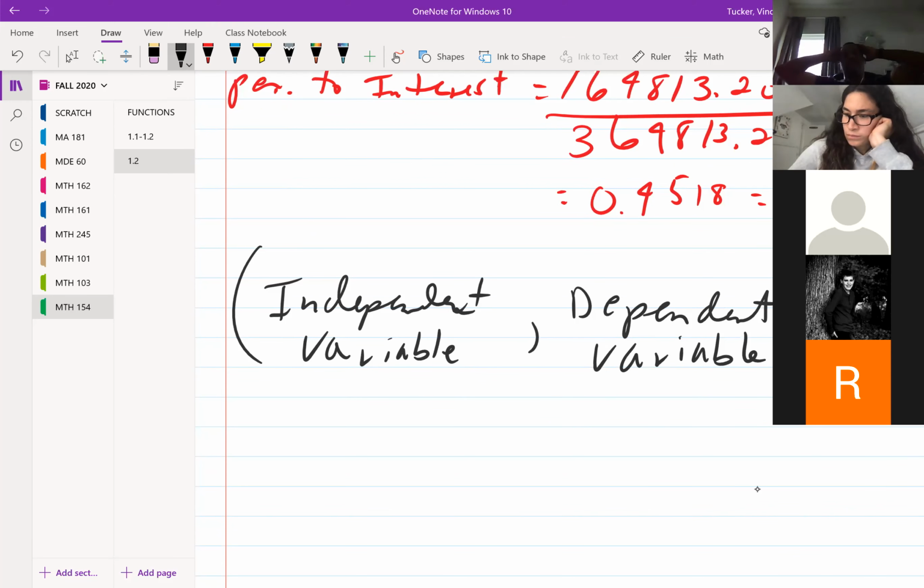All right, so independent variable and your dependent variable. What comes first is the one that can operate without the other one, and that second one depends on what the first one does.